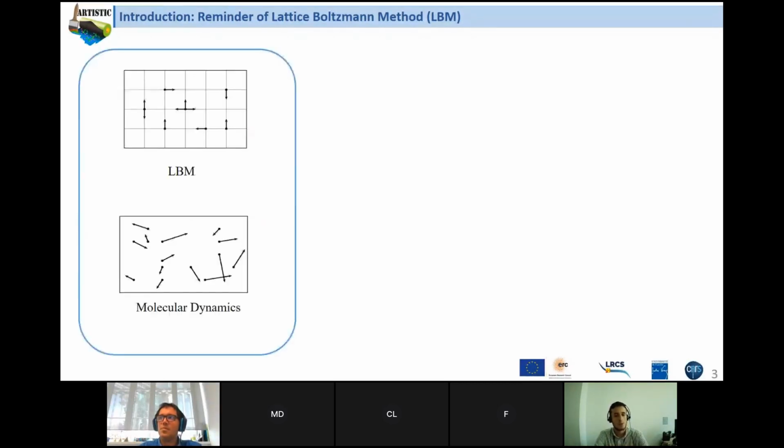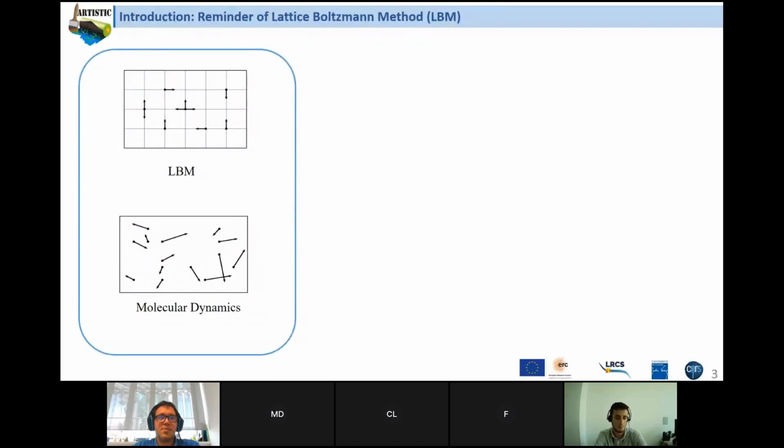And again, as explained on Monday also, different from molecular dynamics simulations, where particle dynamics are resolved in a continuum, the Lattice Boltzmann method resolves the movement of the particles at the microscopic level in a set discrete lattice. So it has a set number of possible movements that it can do, and it's solved in this discrete lattice, right?